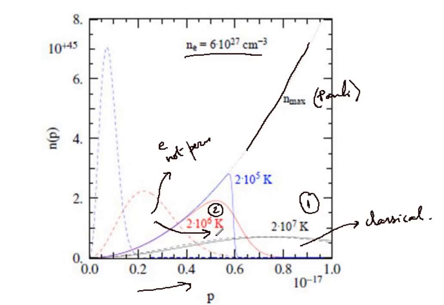Now what happens if we change the temperature further? First 2 × 10^7 Kelvin, next to this part. It is important to note that here the gas is somewhat classical, and there is also a quantum degenerate part as well. So there is a partially degenerate gas. Now if the temperature is decreased further, say the blue line, if it was a Maxwell-Boltzmann distribution, it used to be like this.